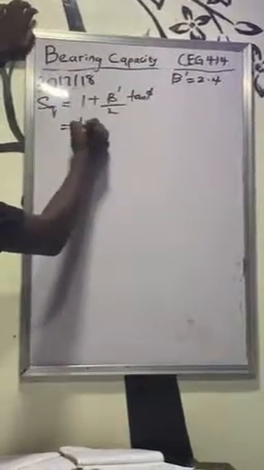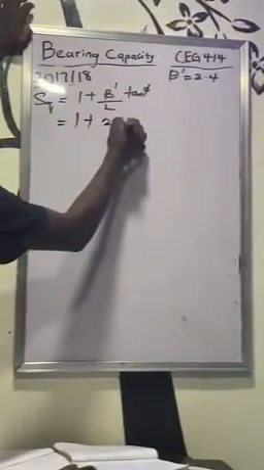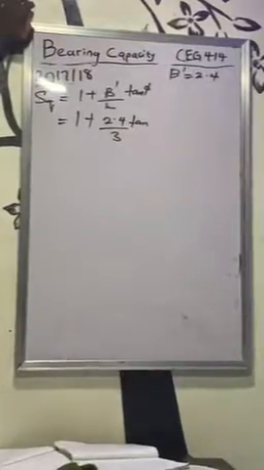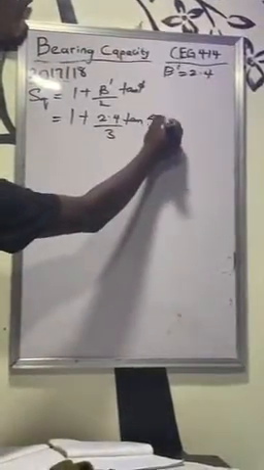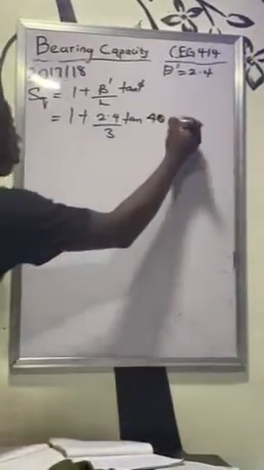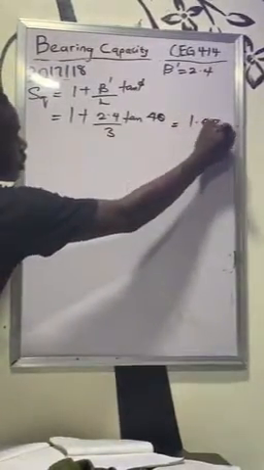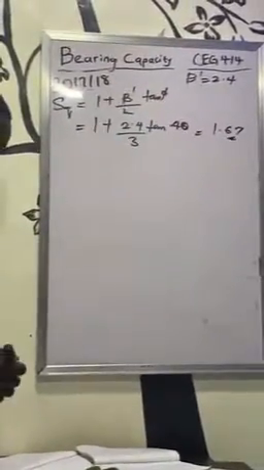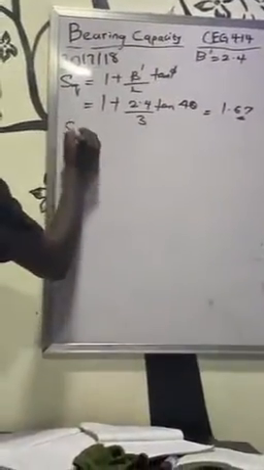So I'll be having 1 plus 2.4 all over 3 tan phi. Phi was given to us as 40. To solve this out, we have 1.67. That's S Q.